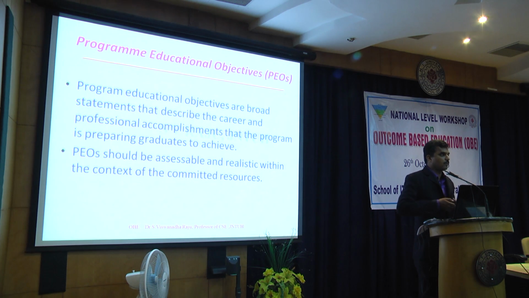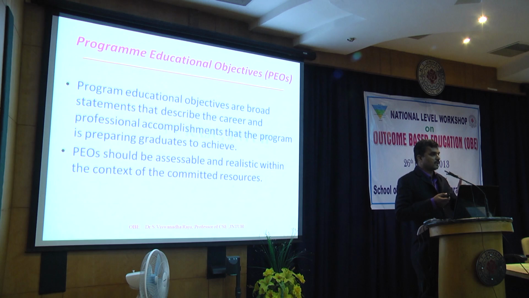Next, coming to the hierarchy, the designing process is a top-down approach and the implementation process is a bottom-up approach. It is a combination of top-down and bottom-up only. First I have to design the system. That means first I have to define the vision, mission, program educational objectives, program outcomes, course outcomes.